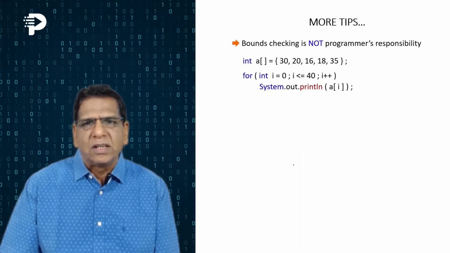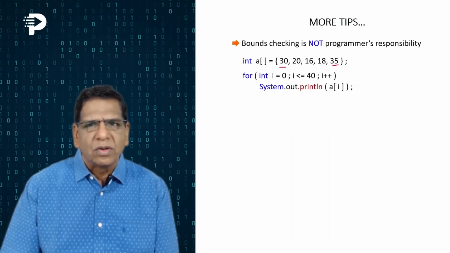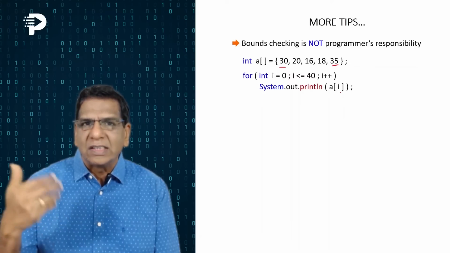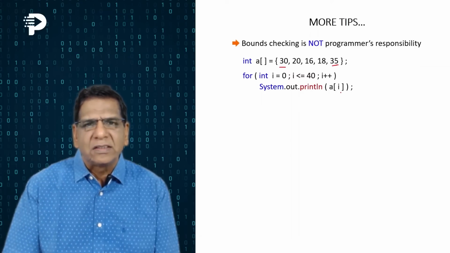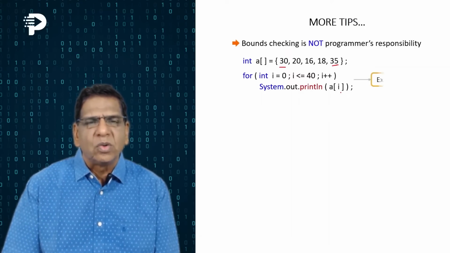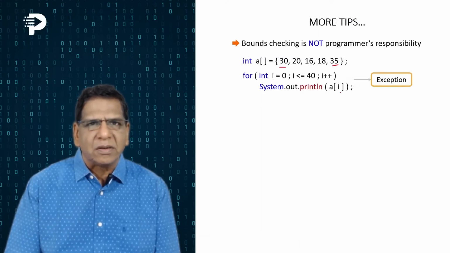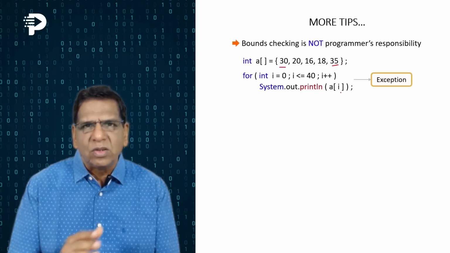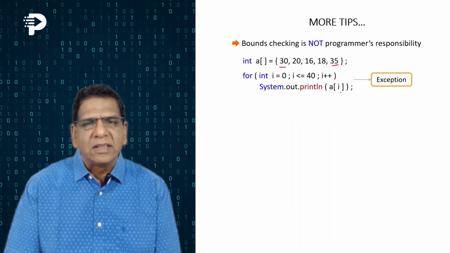We know that 30 is at a[0] whereas 35 is at a[4]. So the moment i goes beyond 4, you are exceeding the bounds of an array. That's certainly going to result into a runtime exception. At runtime, an error will be thrown indicating that you are exceeding the bounds of an array. That is something which is not permissible.